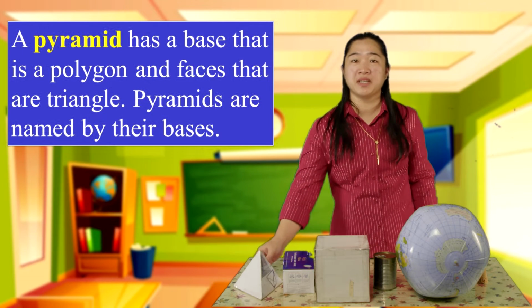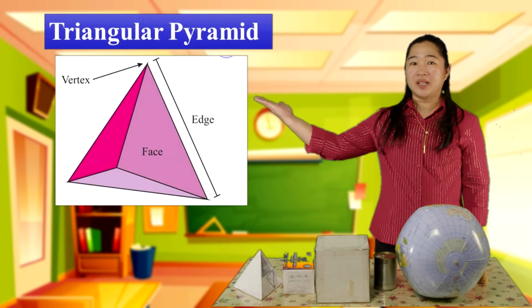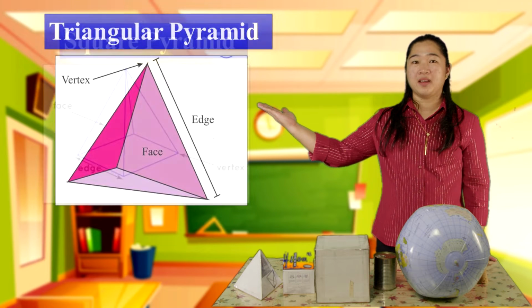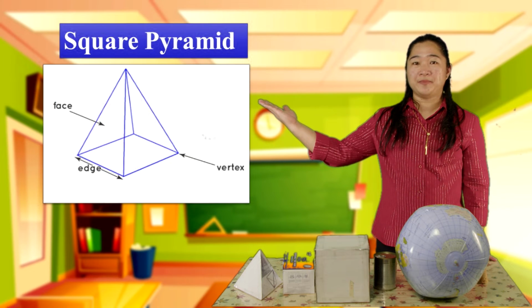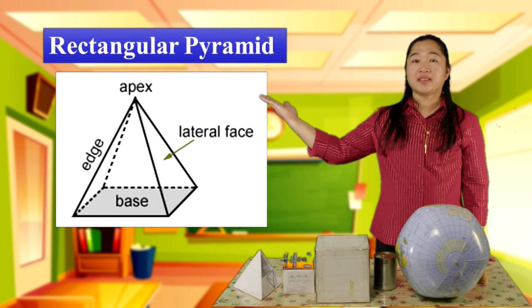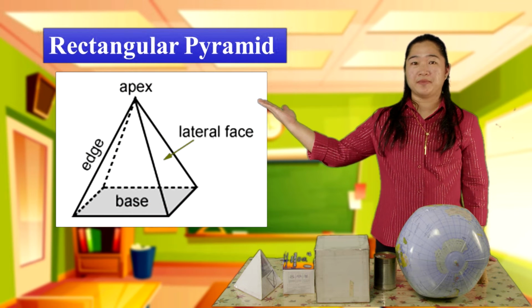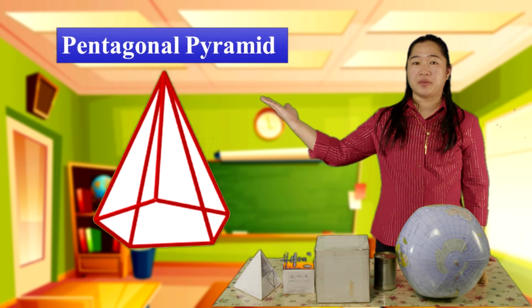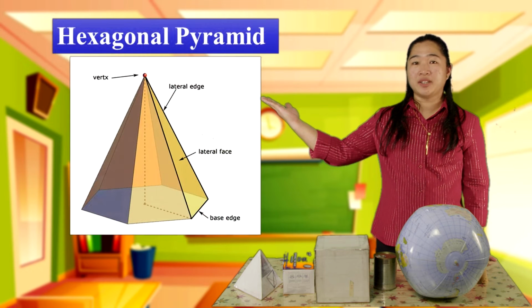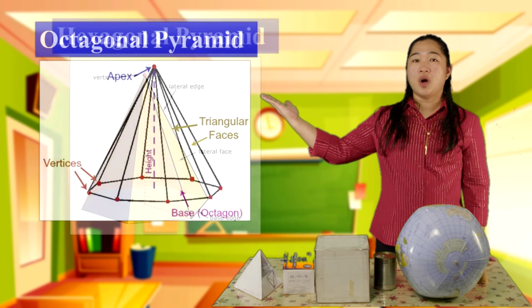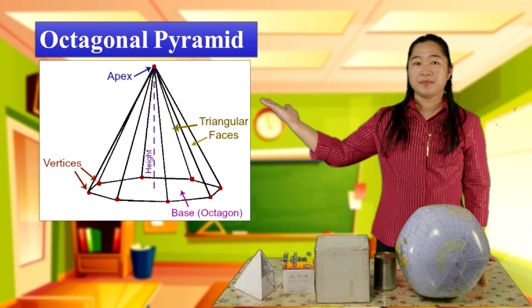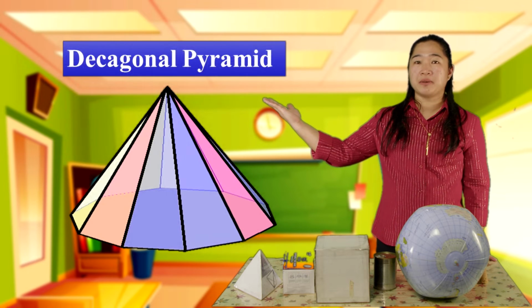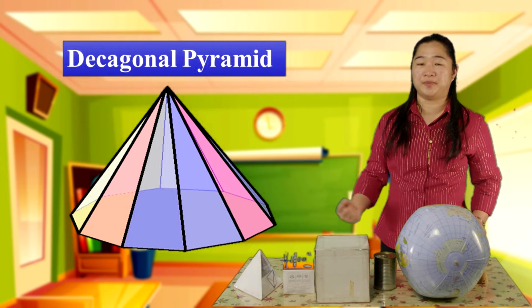Examples of pyramids are triangular pyramid, square pyramid, rectangular pyramid, pentagonal pyramid, hexagonal pyramid, octagonal pyramid, decagonal pyramid, and so on.